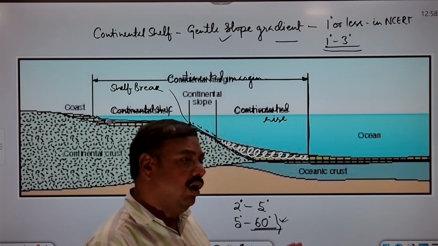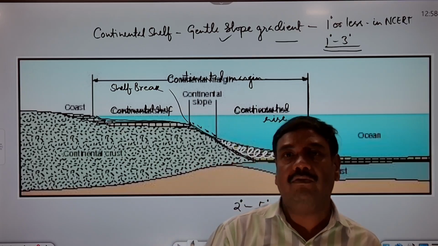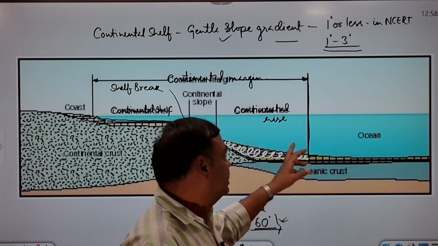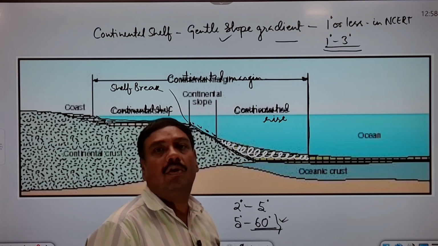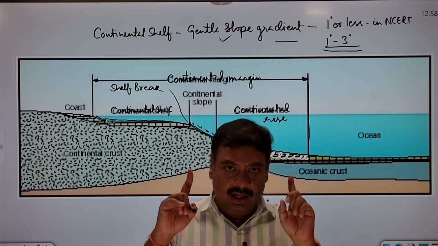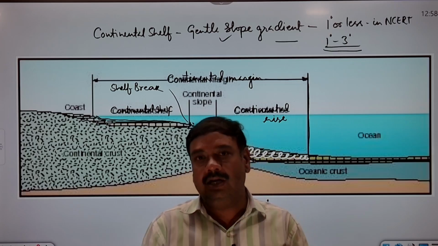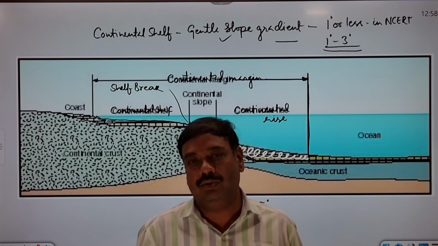But if in the options you are given the term continental rise, obviously the end of the continental rise is taken as the margin of continent into the ocean water. Got it? In that way you differentiate the options which have been provided to you.